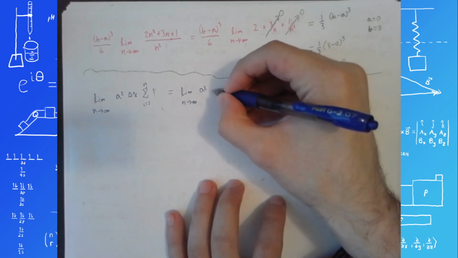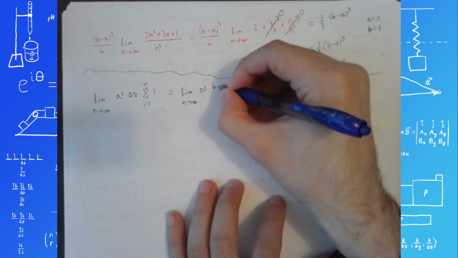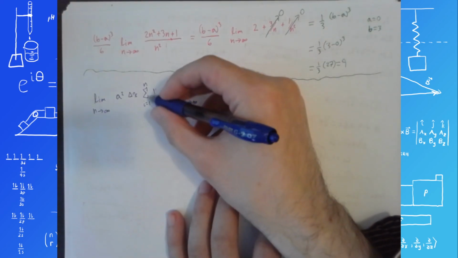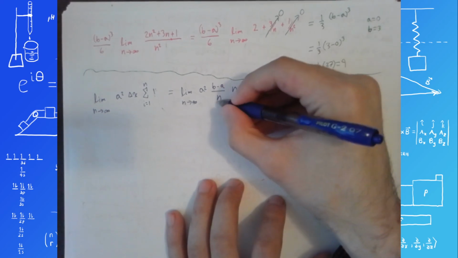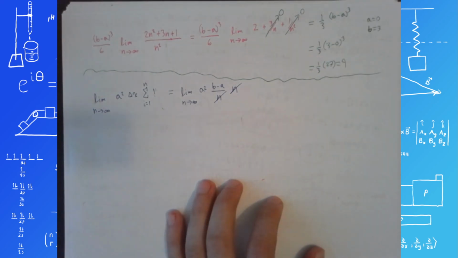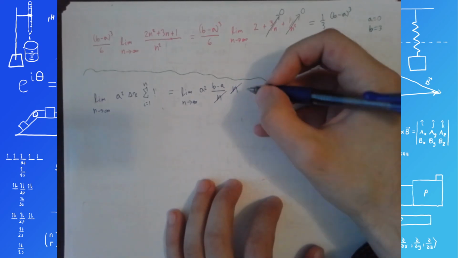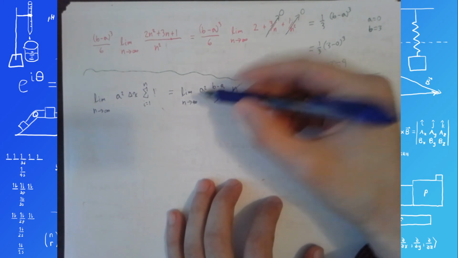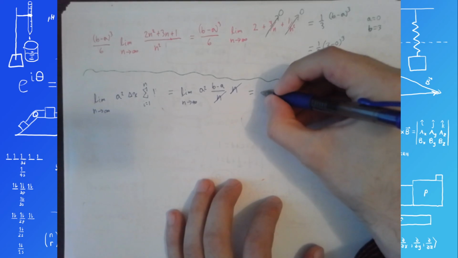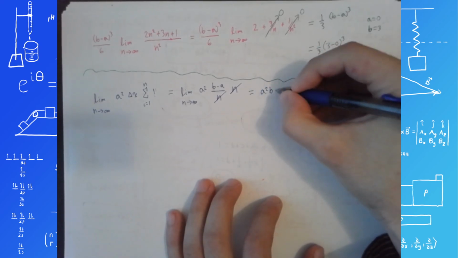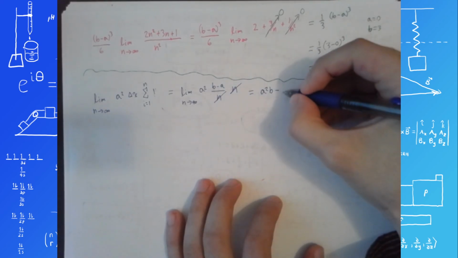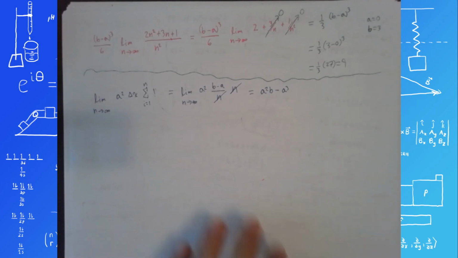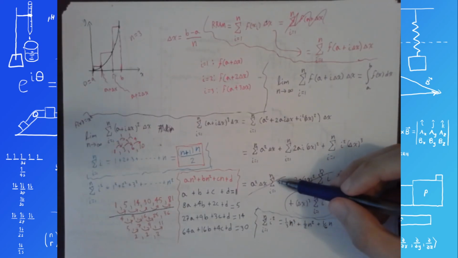Limit as n approaches infinity of a squared times b minus a over n times this sum just becomes an n. Well, these n's cancel out. And so I'm left with a squared times b minus a, which is independent of n, so this just becomes a squared b minus a squared a, which is a cubed. Okay, so that's our first term taken care of.